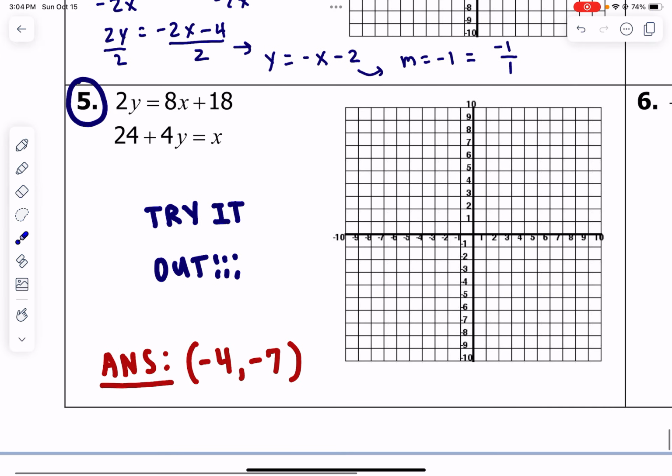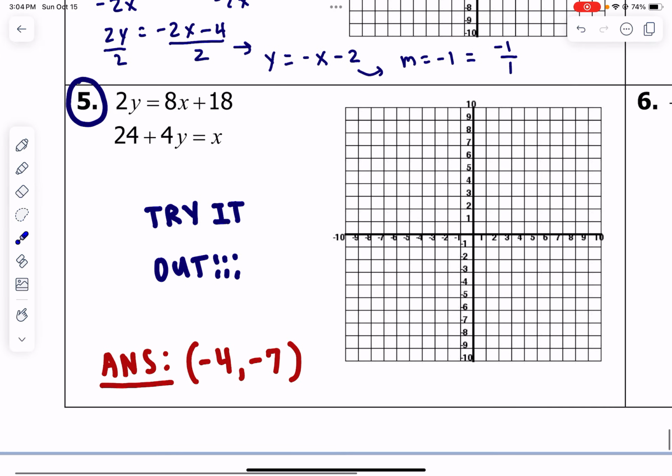All right. And for this last one, I wanted to go over example number 6, which is very important. So for example number 6, for that first equation they give us, what I recommend is you can either divide the whole thing by a -1 or multiply the whole equation by a -1.